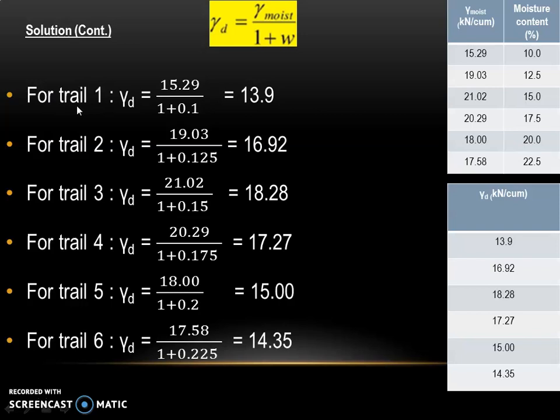So for trial 1, gamma D is equal to gamma moist, that is 15.29, divided by 1 plus W, which is 10%, nothing but 0.1. So we get gamma D as 13.9. Repeat this step for all the 6 trials to get the value of dry unit weight, that is gamma D.